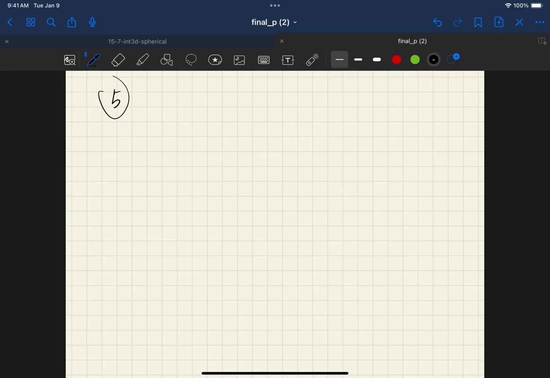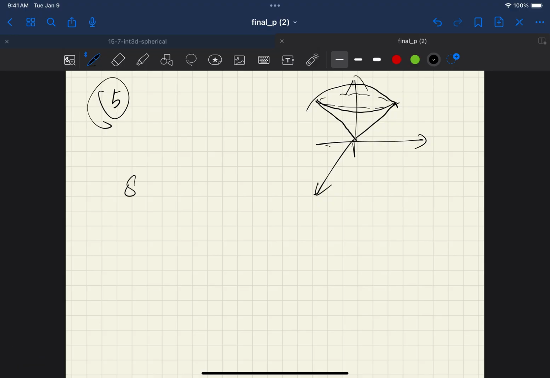All right, number 5 is the ice cream cone. So basically this is like this, with 60 degrees, pi over 3, and there's a cone bounded by a sphere. For this we use spherical coordinates.